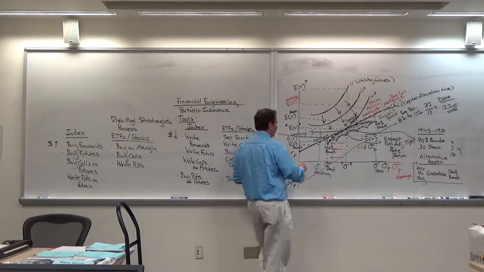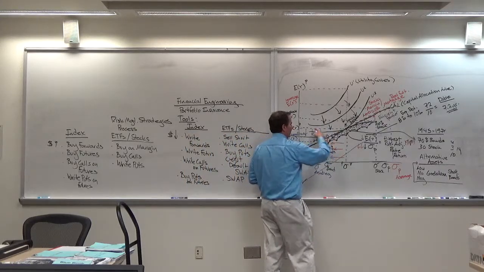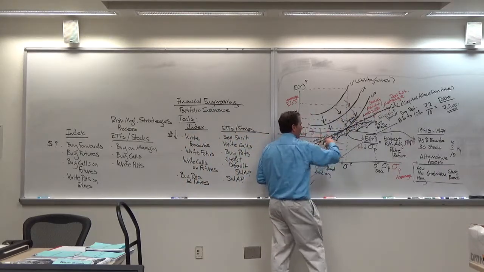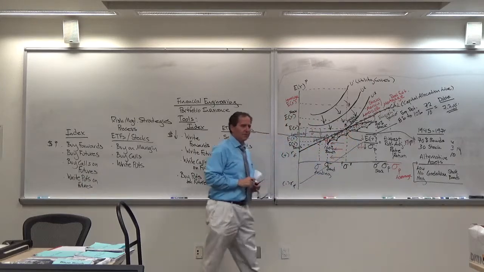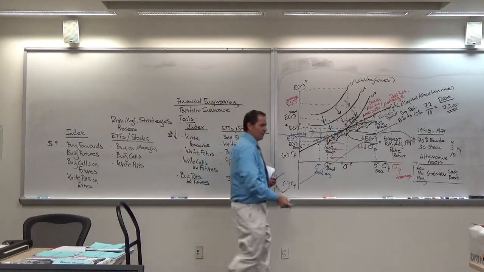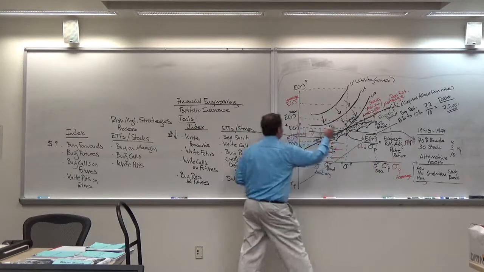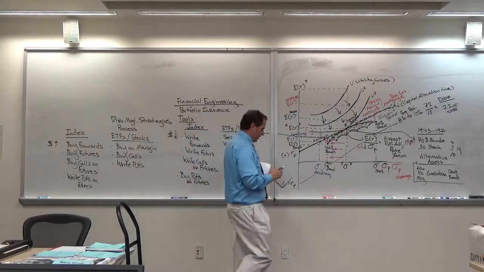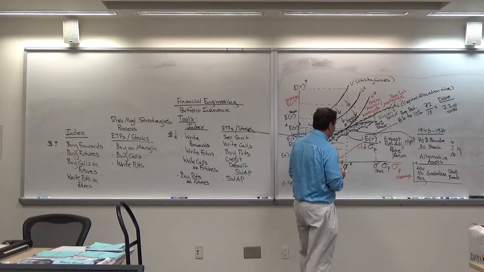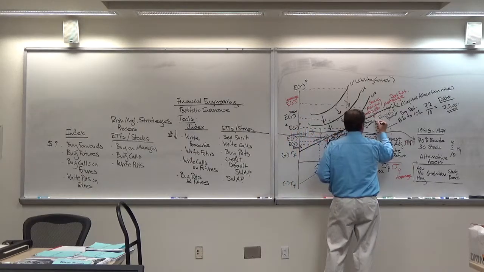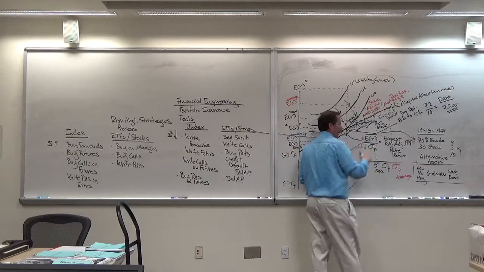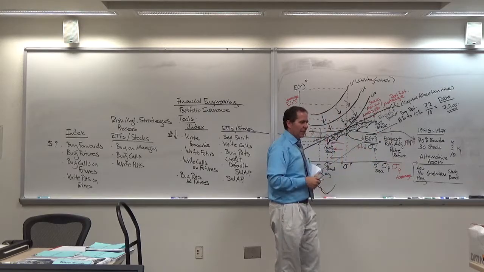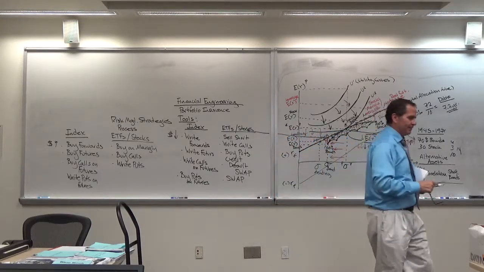So we have the capital allocation line, the utility curves, and the efficient frontier. This is the risk of the portfolio, this is the return on the portfolio. So right here, this portfolio, right at the end here, you want to write 100% stock. So that's the 100% stock portfolio.